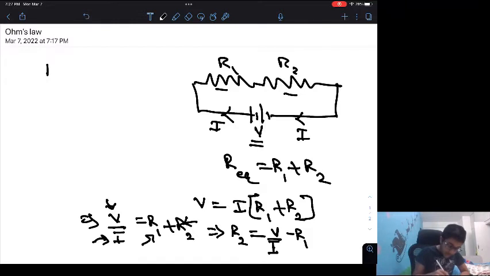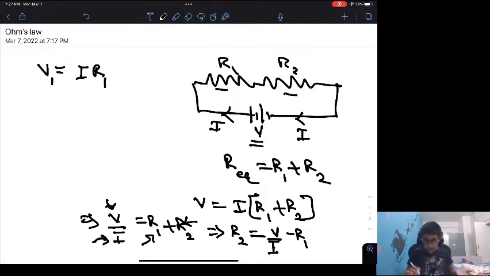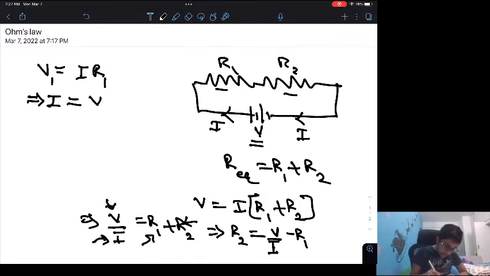Now what's going to happen is the potential difference across the first resistor, I'm going to call that V1, equals the current, the same current that's flowing throughout the whole circuit, times R1. Current times R1, from, again, Ohm's law application, right? Now from that we get the current is just equal to V1 over R1.